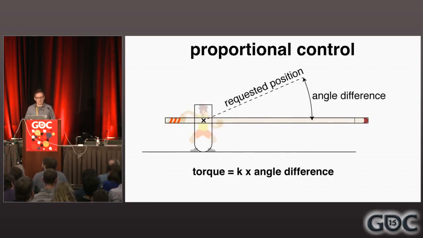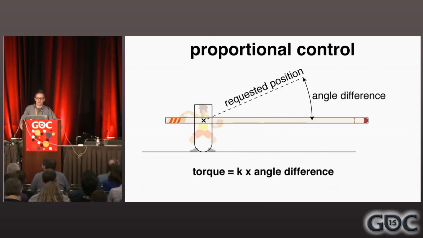So I went about implementing it, and to do that, I anchored the pole to the player's body using a rotational joint. You can imagine a little pivot joint that has a motor on it that can apply a rotational force, or a torque, to rotate the pole. And the question is how fast and how strong should the motor turn?